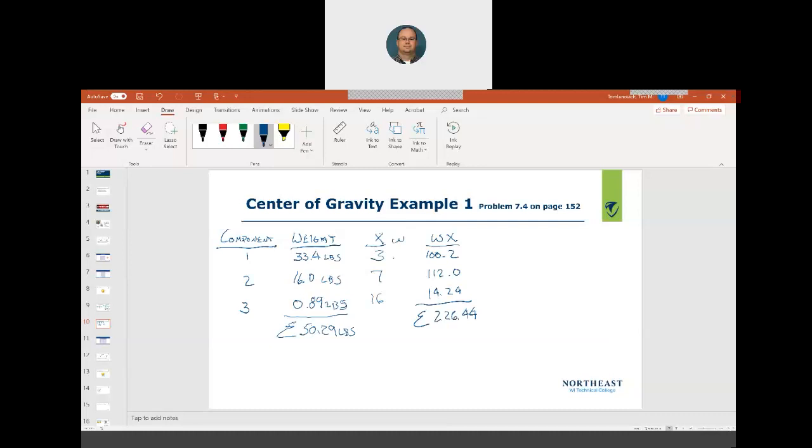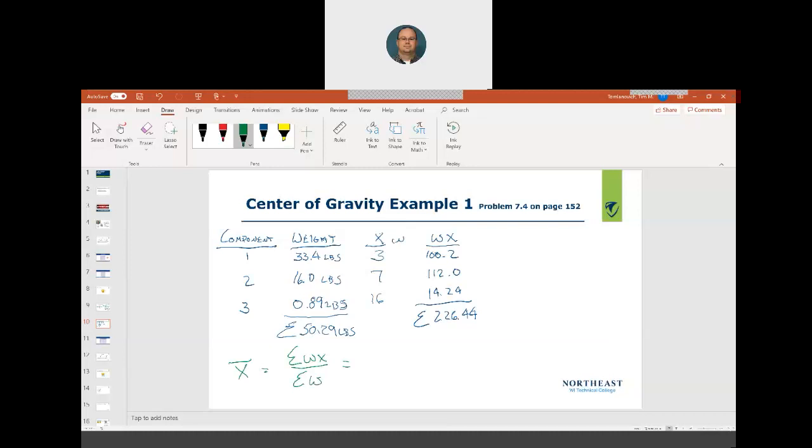Okay, so now we know x bar equals the sum of W, the weights, times the individual component distances, over the sum of the weights.